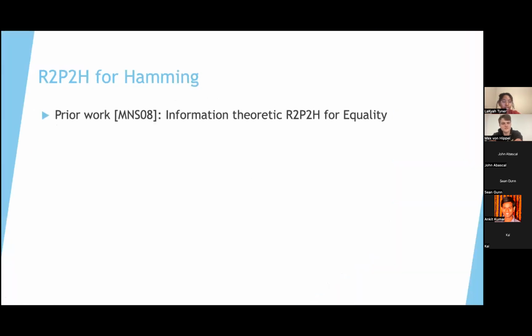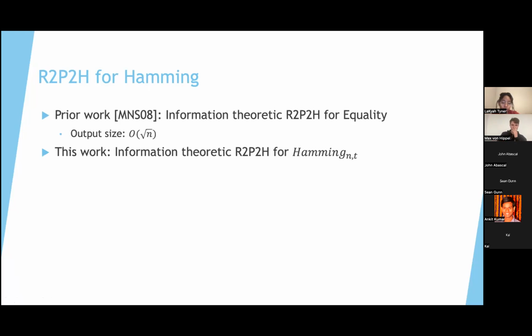Okay, so for our R2P2H for Hamming, our randomized robust property preserving hash for Hamming, we have this construction from prior work, which is an information theoretic randomized robust property preserving hash for the equality predicate. That's able to produce an output size of O of square root n.